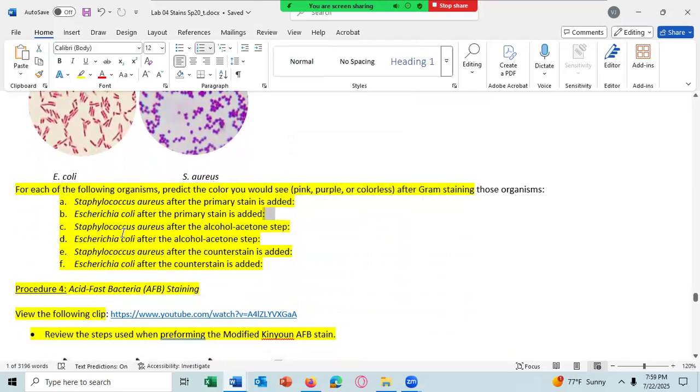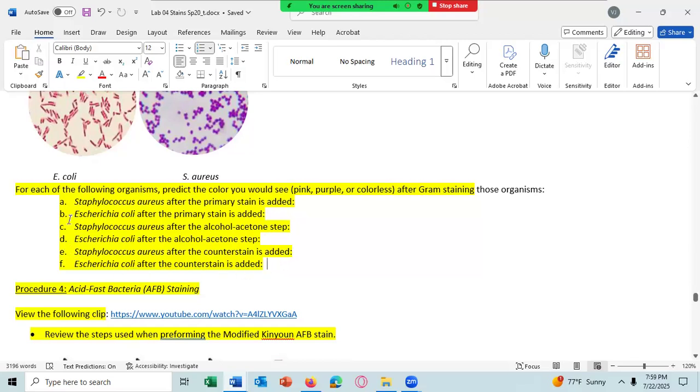For Staphylococcus aureus, after the alcohol acetone step, give me the color there. For E. coli, after the alcohol acetone step, give me the color there. For Staphylococcus aureus, after the counter stain is added, give me the color here. And then for E. coli, after the counter stain is added, give me the color there.